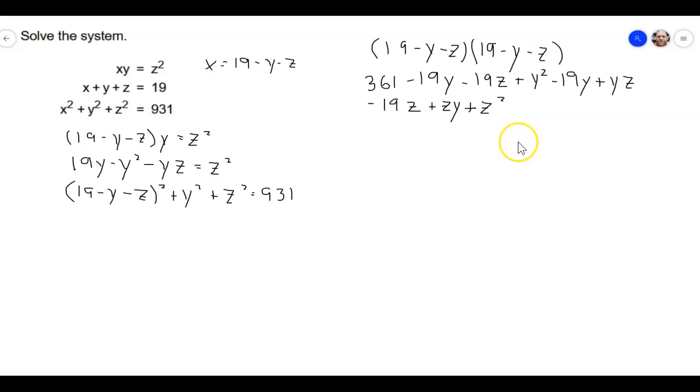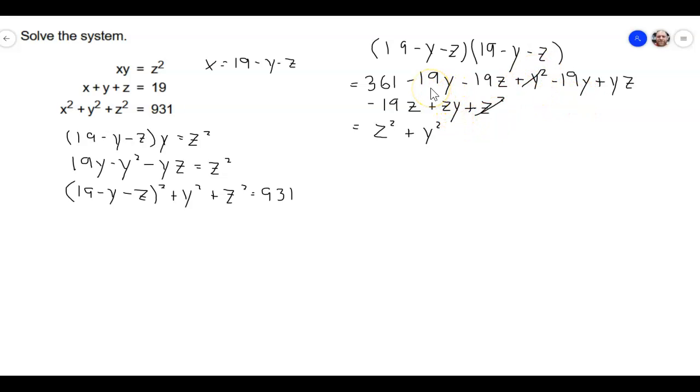Okay, so that was not very fun, was it? Alright, so let's clean this up. I've got a z squared and a y squared in there, so this is equal to z squared plus y squared. Alright, so that takes care of that one, and that takes care of that one.